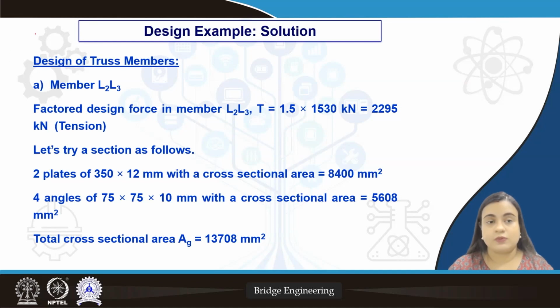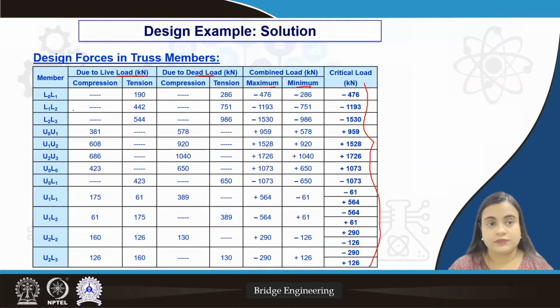The factored design force for each of the members will be used for design of each of the members. So first member that we are going to consider is member L2, L3. If we go back, you will see that L0, L1, L1, L2 and L2, L3, these are bottom chord members. And the maximum critical load is obtained to be 1530 kilonewton.